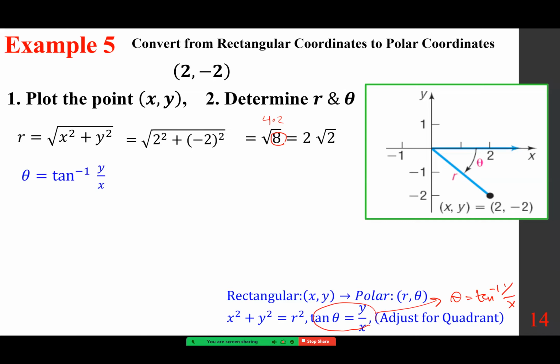So when we look at the tan inverse of y over x, we get tan inverse of negative 1. And as you know, it's negative pi over 4, from the fact that for inverse tangent, we have limited the domain of the tangent from negative pi over 2 to pi over 2 in order for it to work. So negative pi over 4.